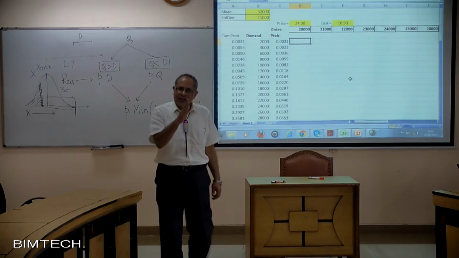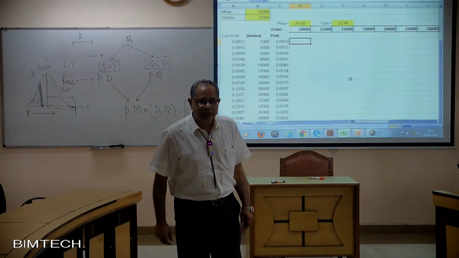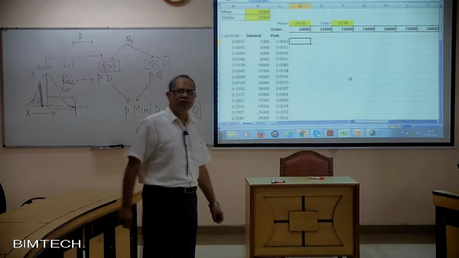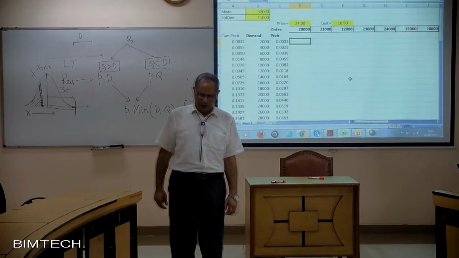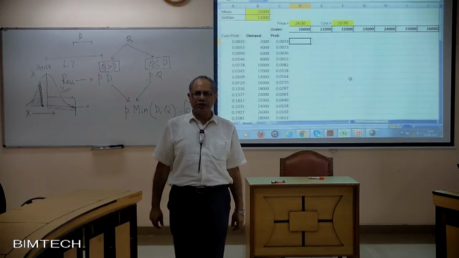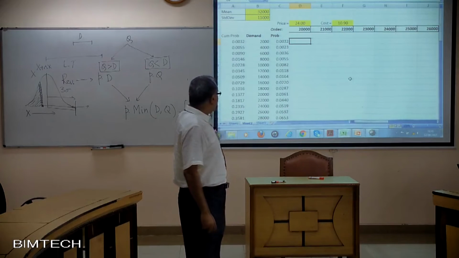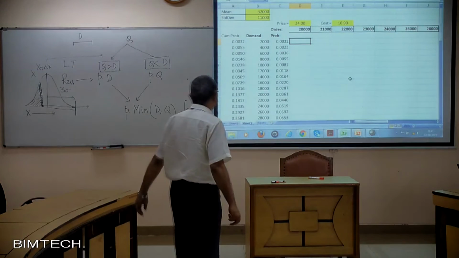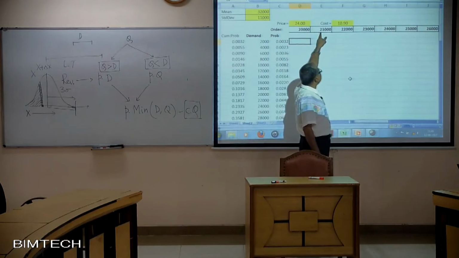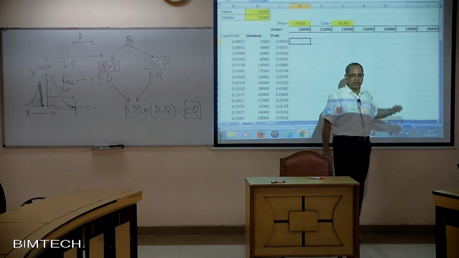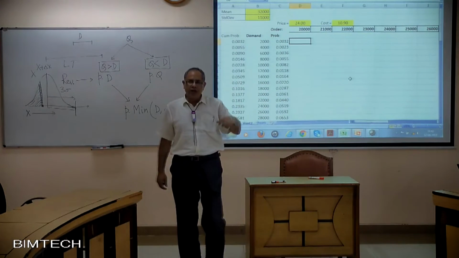So if I go one standard deviation to the left, 32 minus 11, I get approximately 21,000, and so I am kind of starting with this value of 20,000. Okay. Now please note that after I start from 20,000, I keep incrementing the quantity value by 1,000 and keep increasing the order quantity.